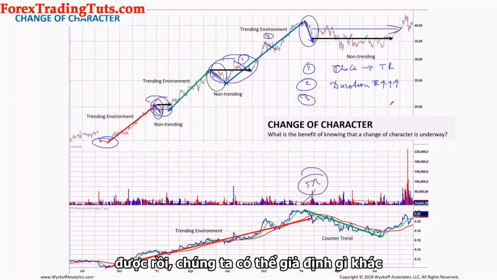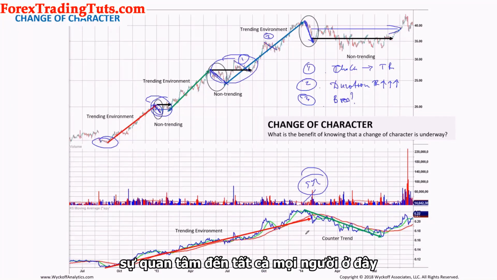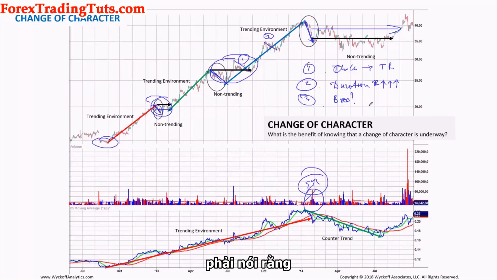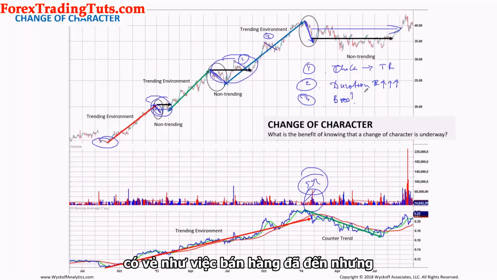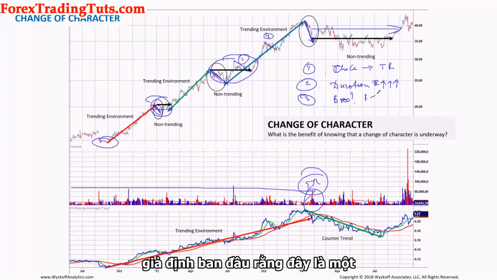Okay, what other assumptions could we make here? Obviously, the assumption on the bias is going to be of interest to everyone here. But at this point, we would just have to say that it looks like the selling has come, but it's not extremely heavy. We're still going to be under the initial assumption that this is a reaccumulation.